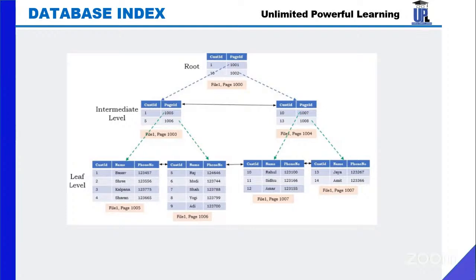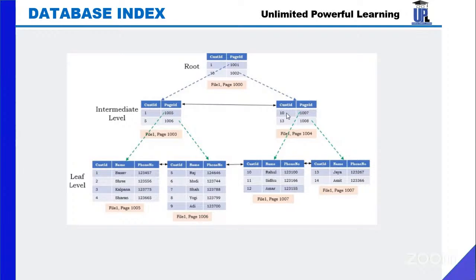Let us imagine the customer ID is the primary key. Based on it, I can create the records, for example a file 1 having pages 1004, 5, 6.